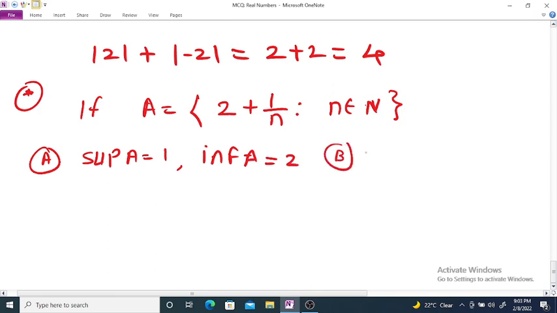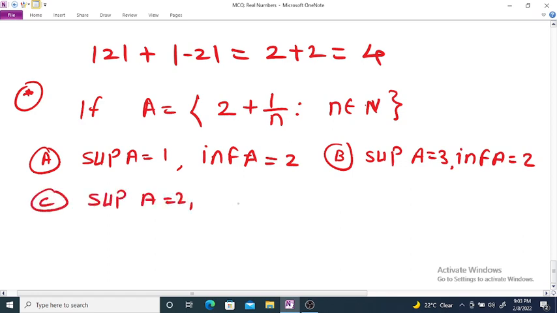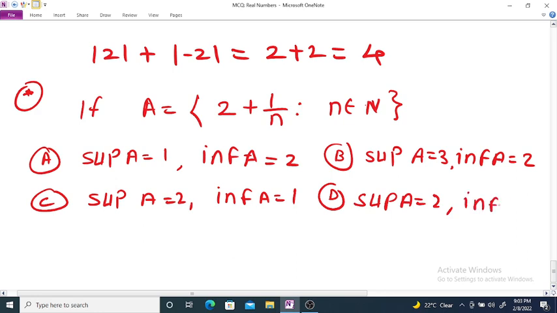Option B: supremum of set A is equal to 3 and infimum of set A is equal to 2. Option C: supremum of set A is equal to 2 and infimum of set A is equal to 1. Option D: supremum of A is equal to 2 and infimum of A is equal to 0.